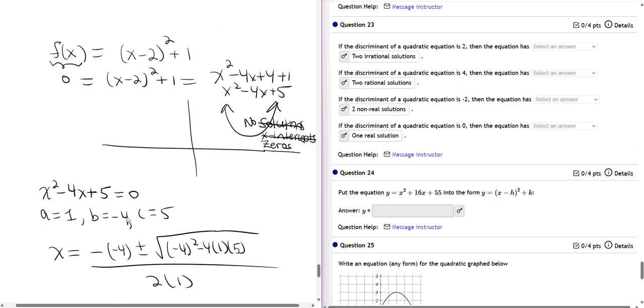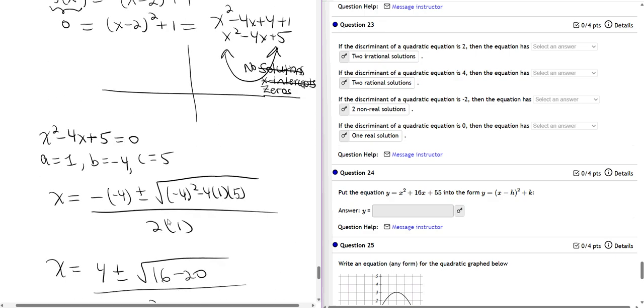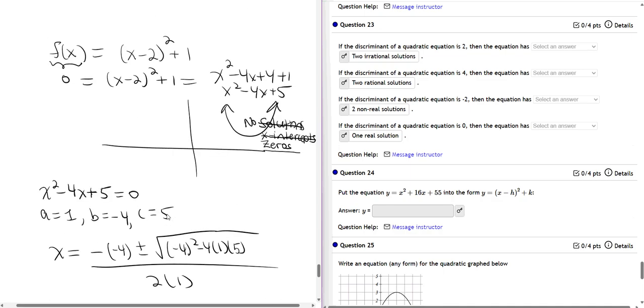Now, all that to say, if we're just trying to get a sense of where our x-intercepts are going to be, you could have realized that when I do the discriminant, just the part underneath the square root, I'm going to get a negative number.